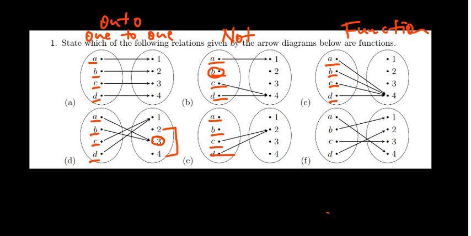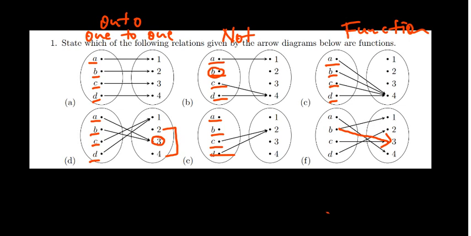Then the last one, A is mapped to 4, B is mapped to 1, C is mapped to 3, D is mapped to 2. So this is also an onto function, one-to-one function. So at least every input is mapped to something in the output. And we don't have a case where an input is mapped to 2 things. If we had B mapped to 2 different things, then it is not a function. Okay, but in this case it is a function, unless otherwise.